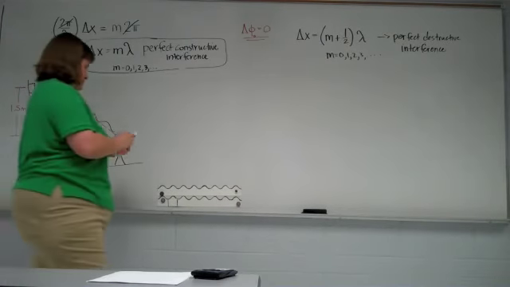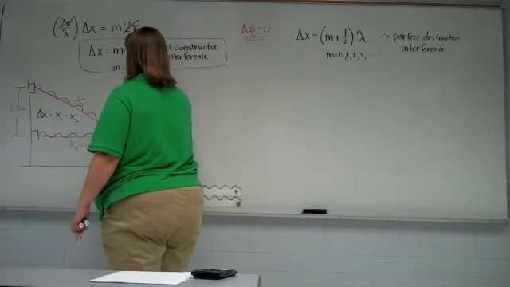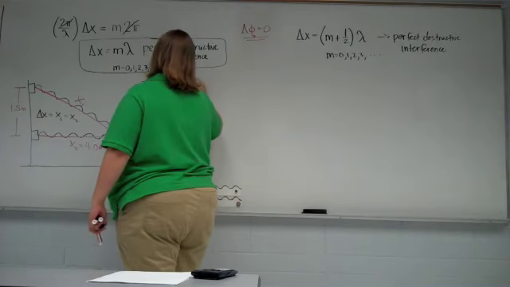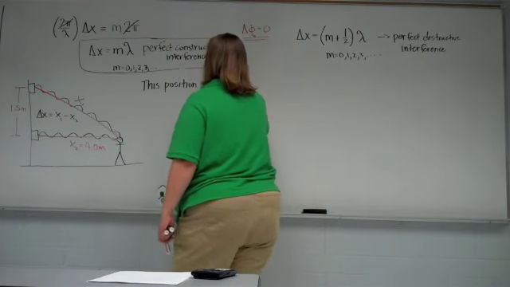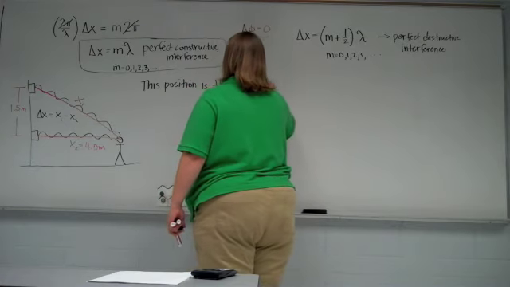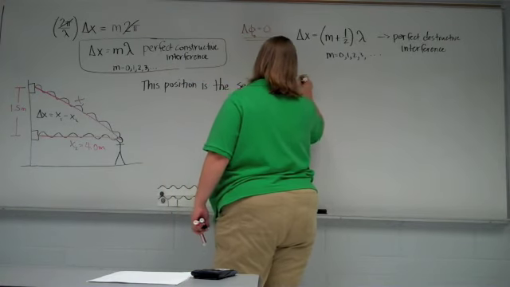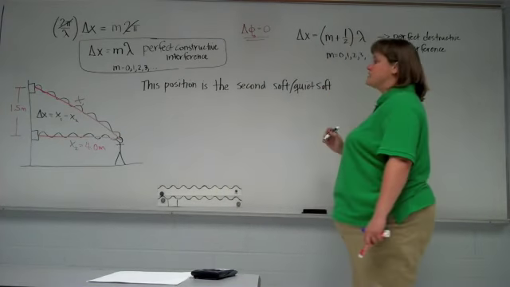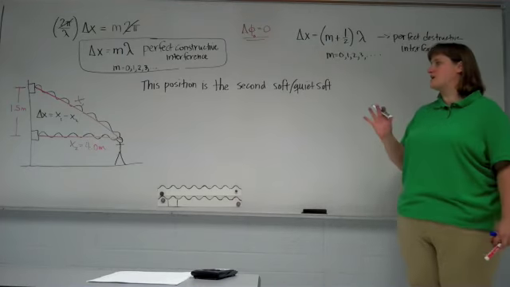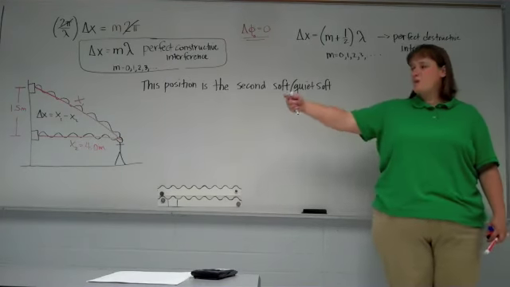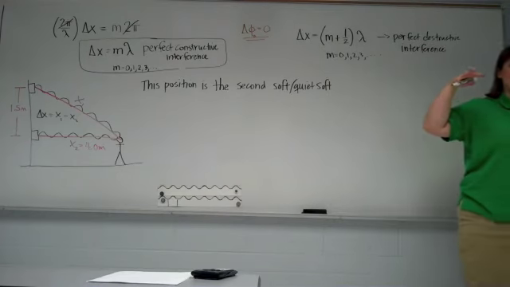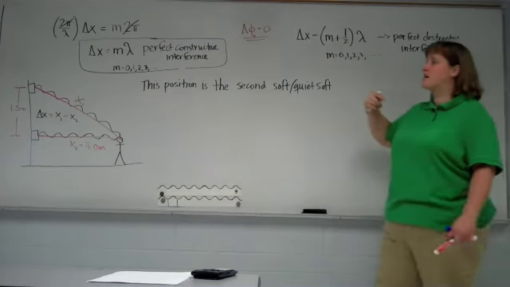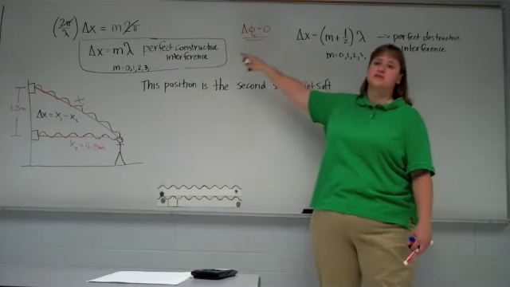If this particular position happens to be the second soft or quiet spot that we hear. So as we walk along the ground, the sound's going to get really loud and then really soft and then really loud and then really soft. And that's because if we keep walking, we're going to alternate between these two positions.